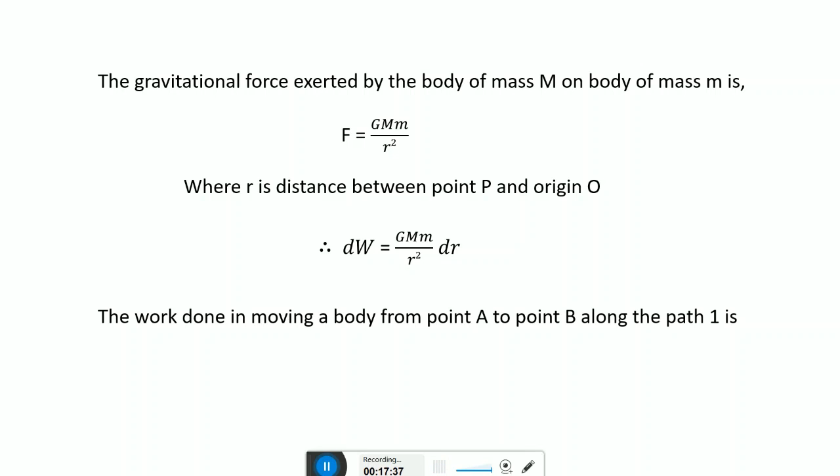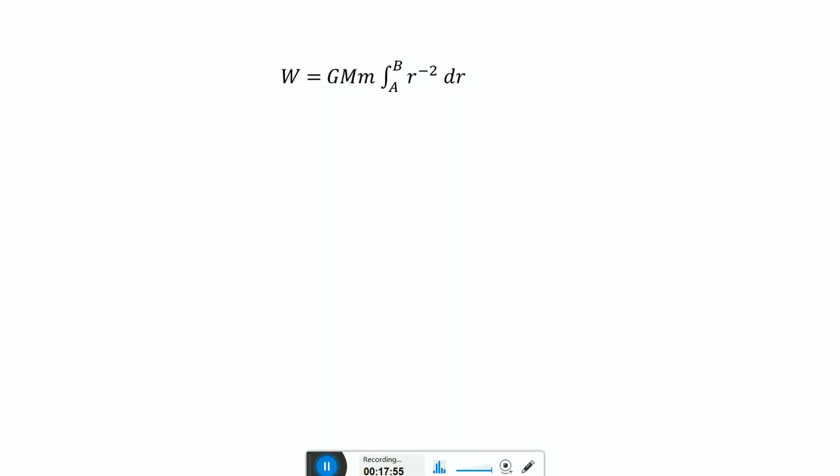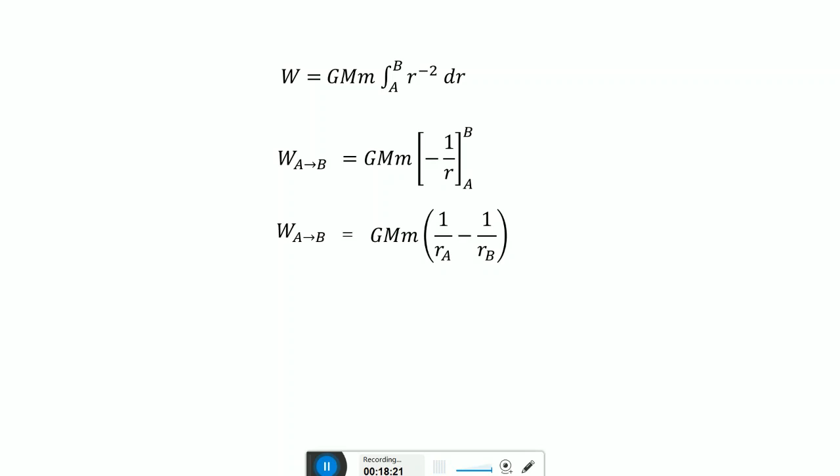So we get the work done in moving a body from point A to point B along path 1 is W is equal to integration dW, means integration from A to B GMm by r square dr. That is W is equal to GMm integration A to B r raised to minus 2 dr, and integration is minus 1 by r from point A to B, means work done from A to B is equal to GMm into bracket minus 1 by RB plus 1 by RA.